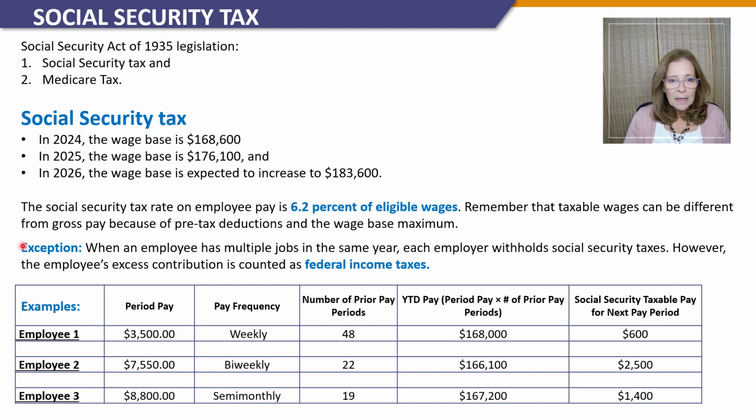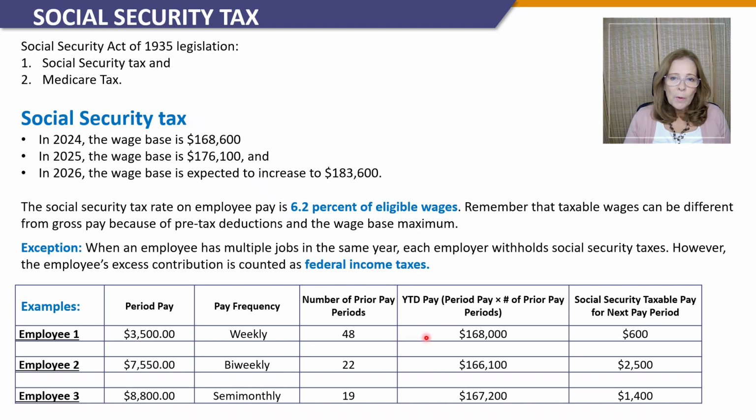So let's look at how you would calculate the Social Security tax in the following example for 3 employees. Please remember that the maximum wage limit we're using for this class is the 2024 limit, $168,600. Employee number 1 has a period pay of $3,500 and 48 prior pay periods for a total of $168,000.